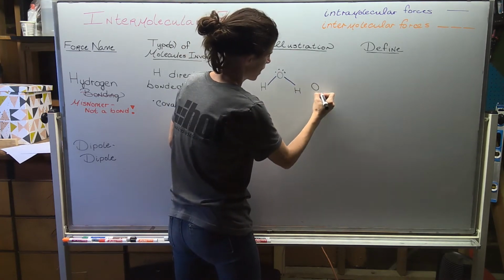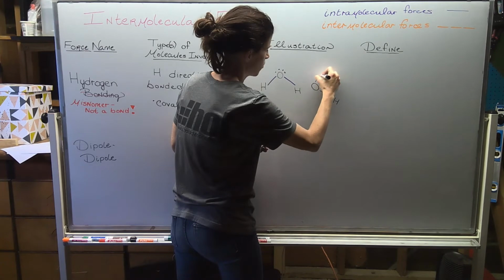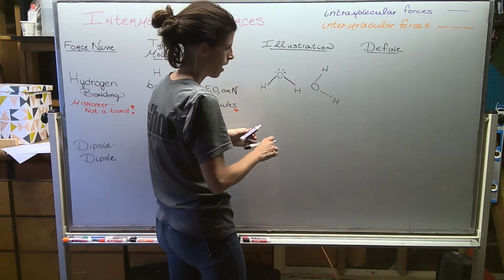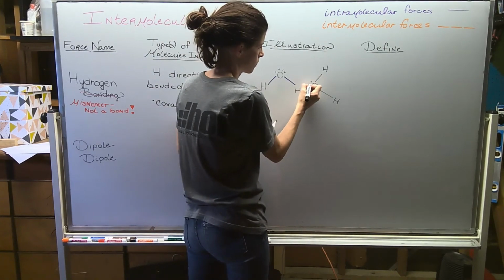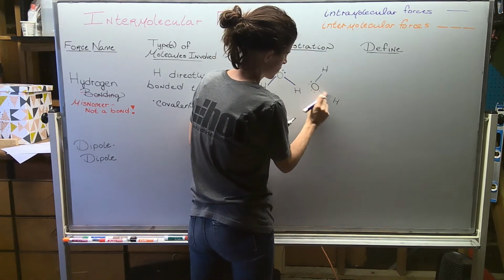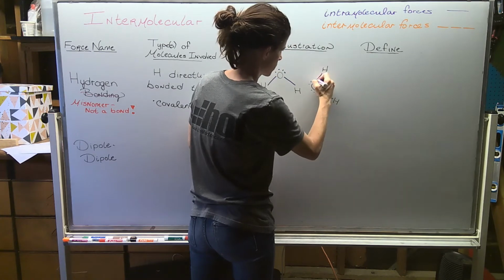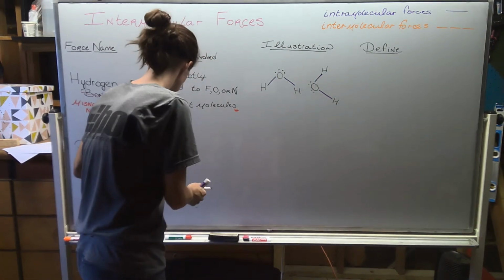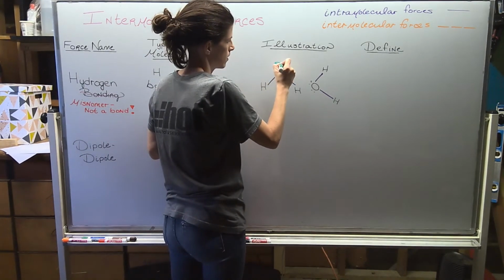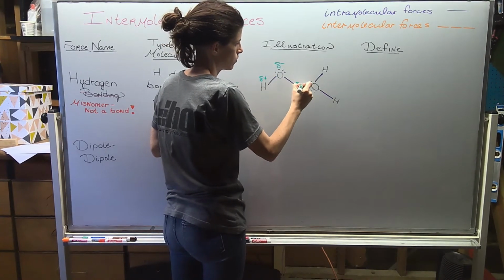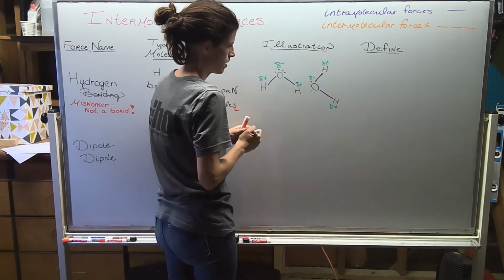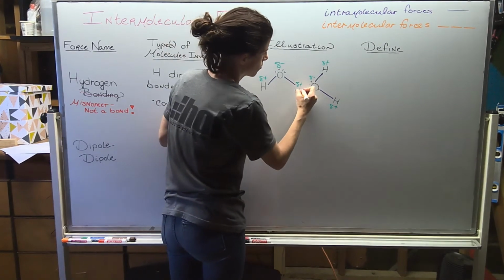What's going to happen is that the negative dipole on one molecule is going to be attracted to the positive dipole on another molecule. So I'll do my negative, positive dipoles, and then in orange here, I'm going to do my intermolecular forces.